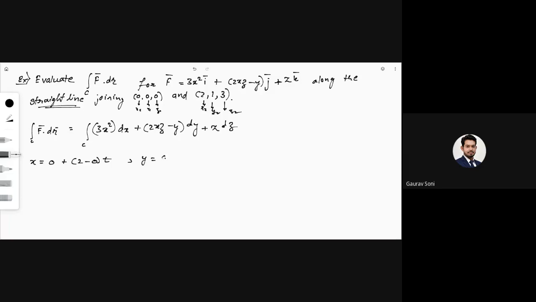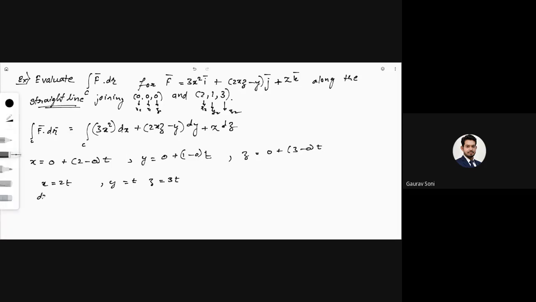So y = 0 + (1 - 0)t, z = 0 + (3 - 0)t. So x = 2t, y = t, z = 3t.